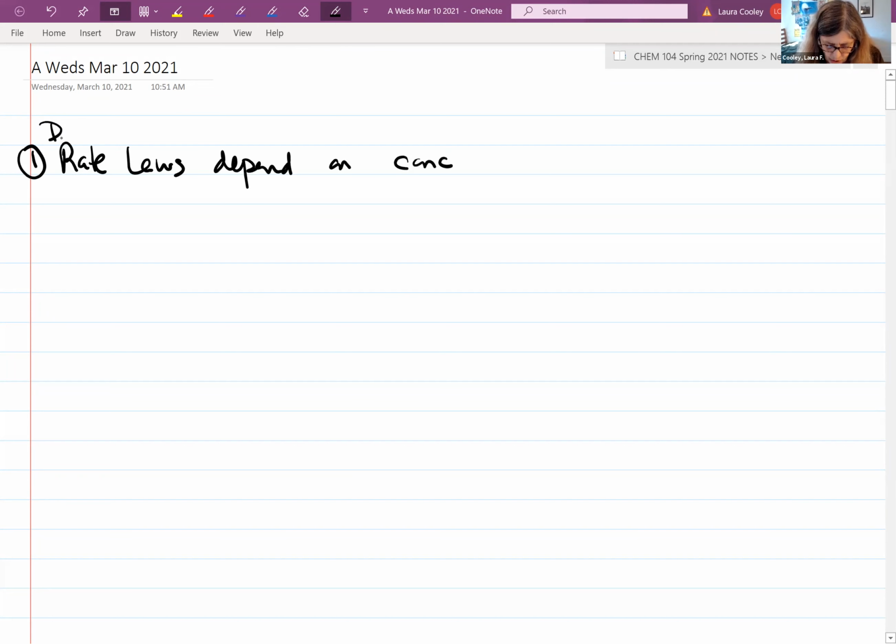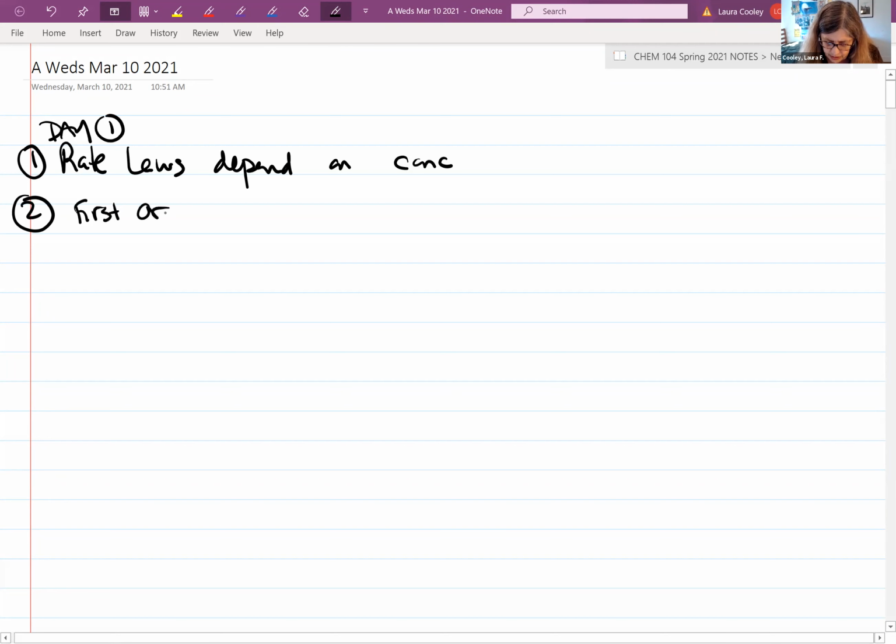So that was day 1. And then last time, for first order reactions, we looked at how concentration depends on time. So that's a very different topic.